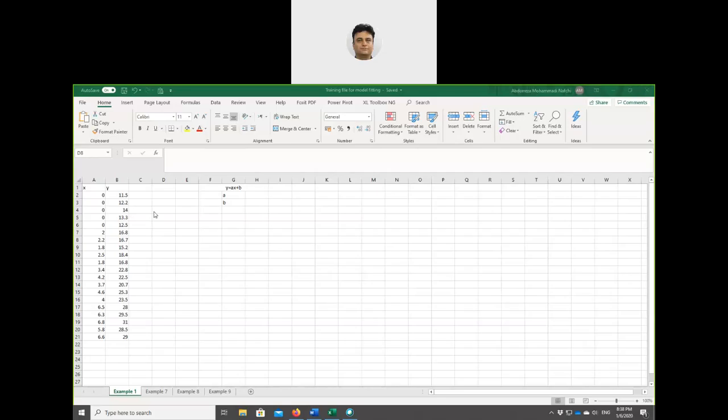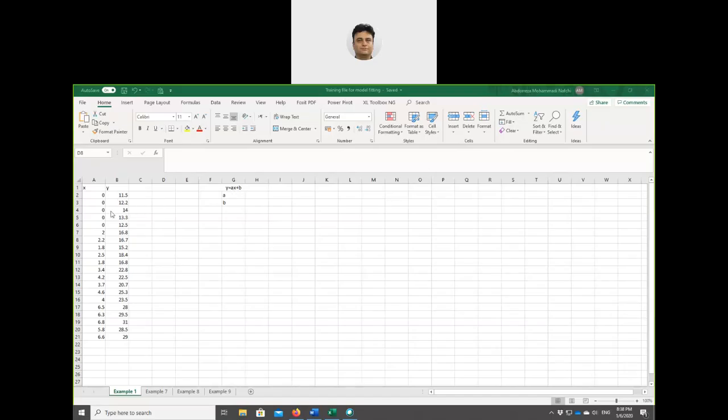So starting, we have this x value, and this is the y value. y is the weight of the animal, and x is the amount of protein that we fed to the animal. We want to do a regression and find the A. A is the PER, or protein efficiency ratio.